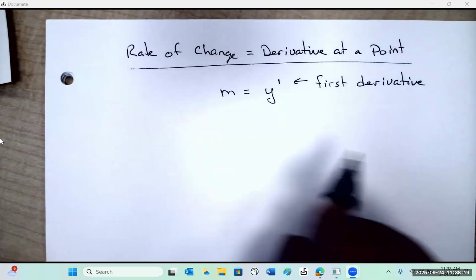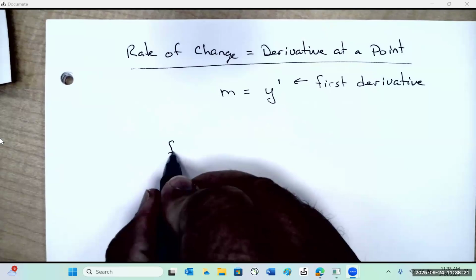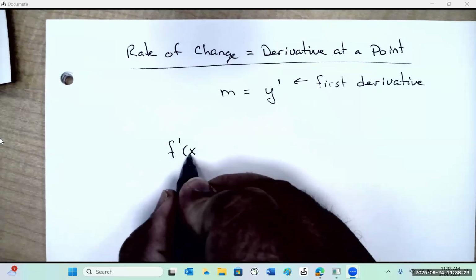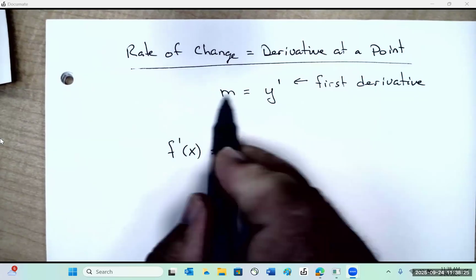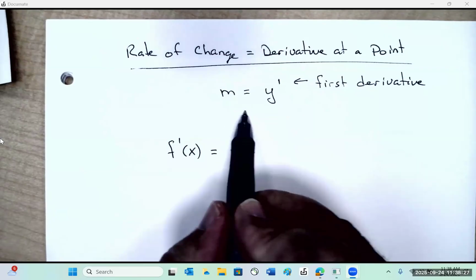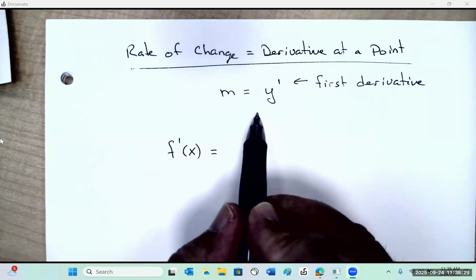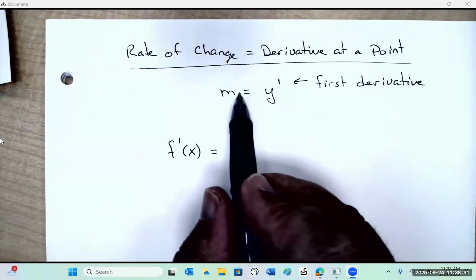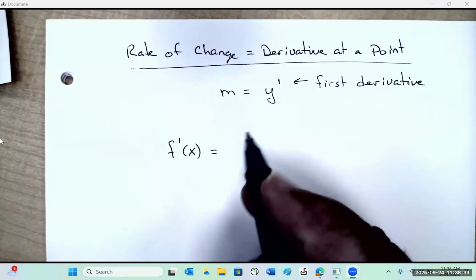Now, if you think about it, if this is true, if the first derivative is a slope, how do we define the slope?